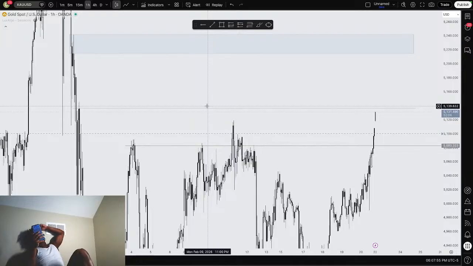Market open, TP hit. I am going to trail my stop loss.